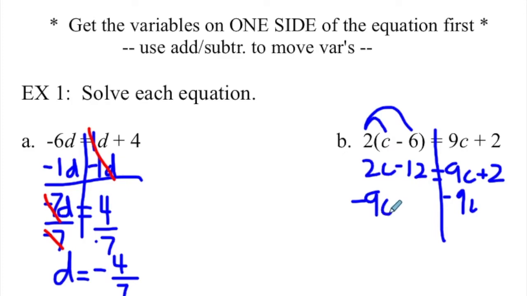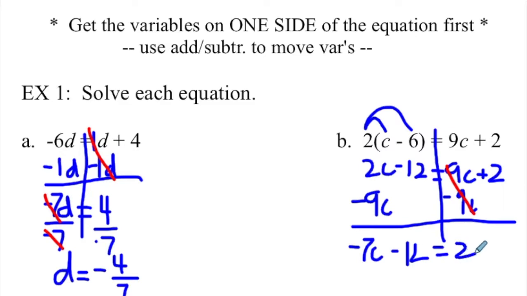So 2 minus 9 is going to give me negative 7, and then these here will cancel out. So I have negative 7C minus 12 equals 2.